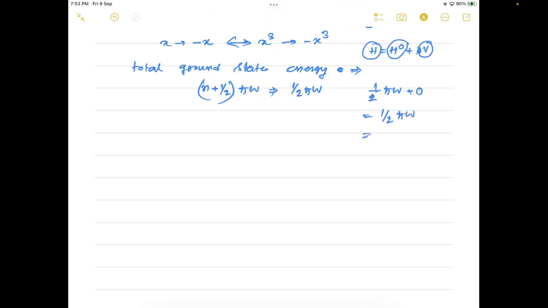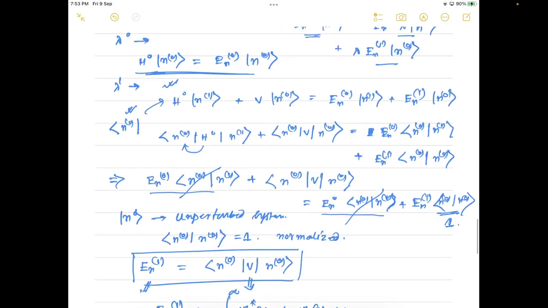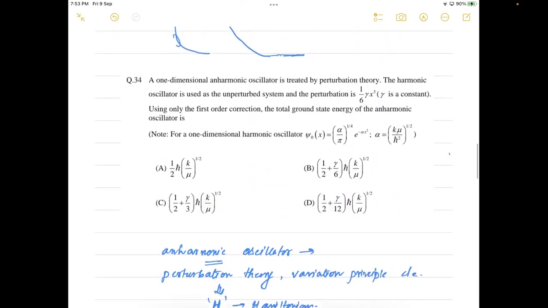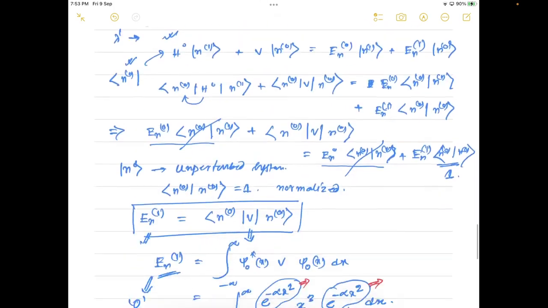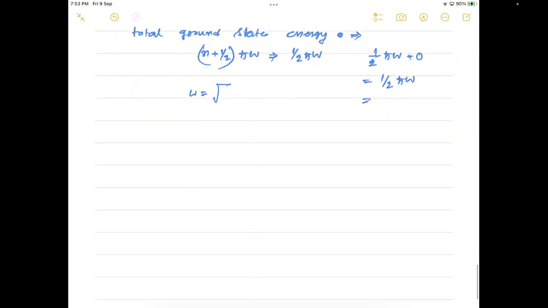Now we know omega equals root over k divided by mu. Omega is the angular frequency, k is the force constant, and mu is the reduced mass. So it is half h bar root over k divided by mu.